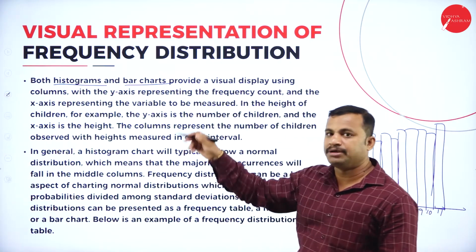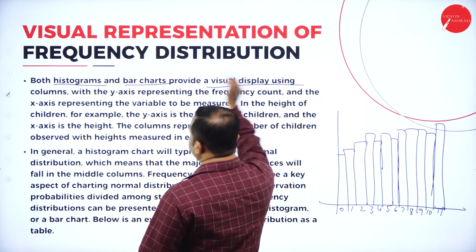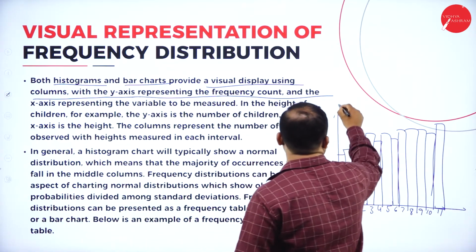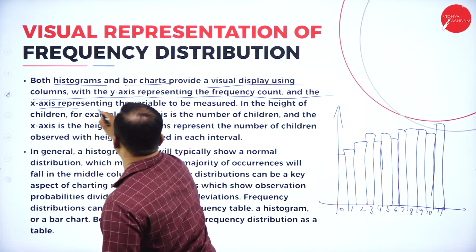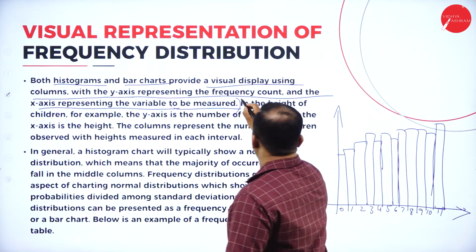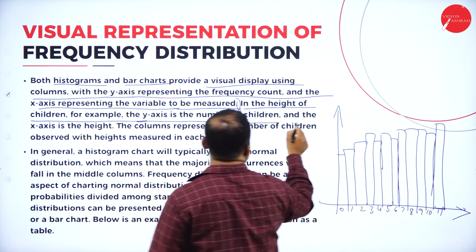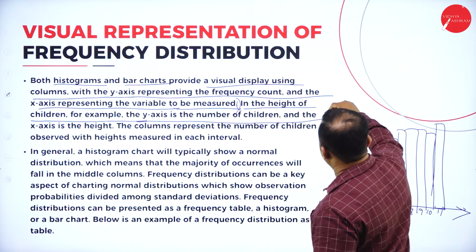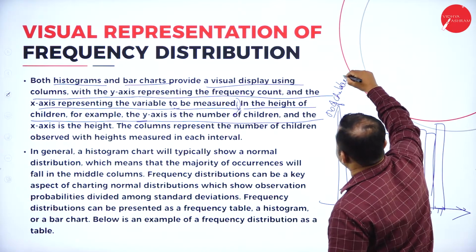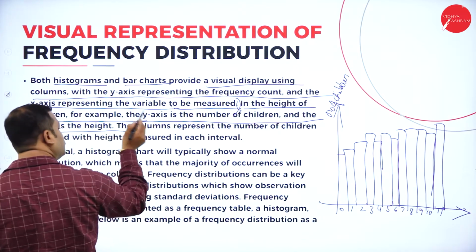The entire slide summary is this. Now let me tell you this. A visual display using columns, with the y-axis representing the frequency count and the x-axis representing the variable to be measured. In the height of children, for example, the y-axis is the number of children and the x-axis is the height of the children.